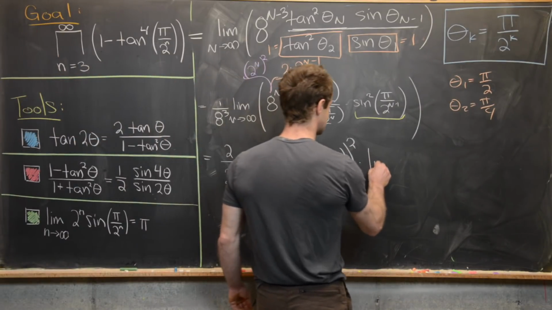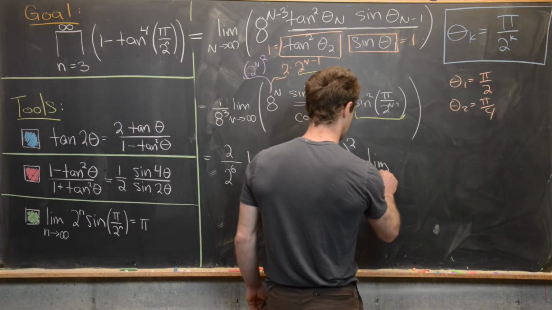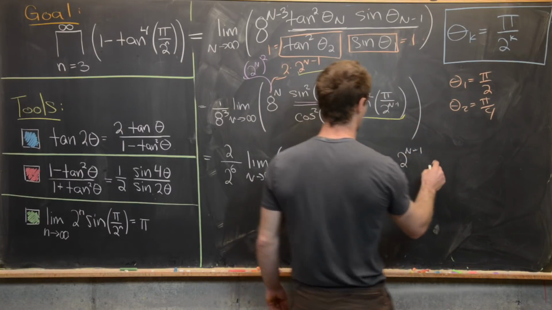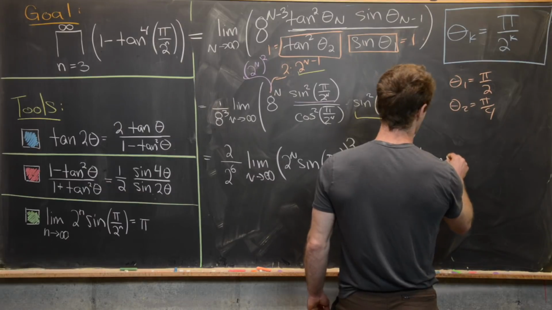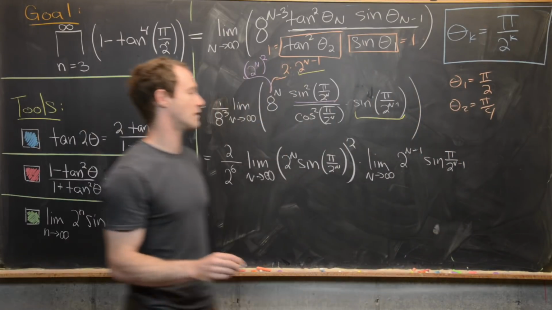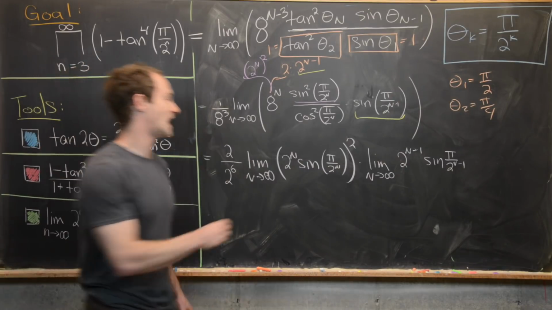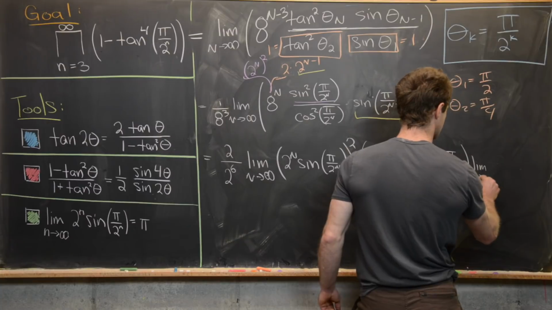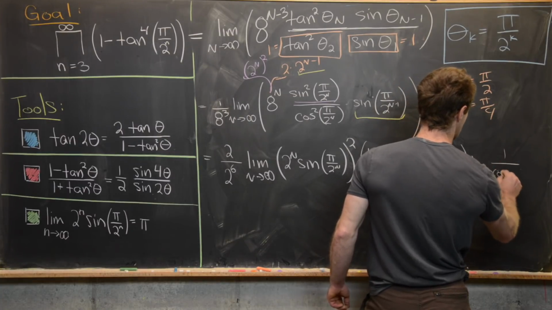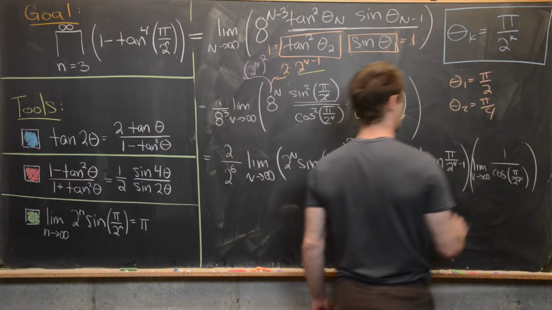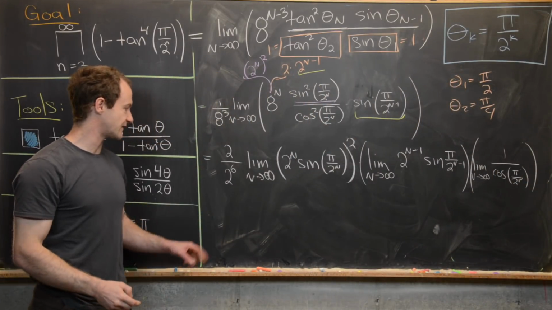And then the next thing is going to be, this is multiplied by the limit as n goes to infinity of 2 to the n minus 1 times sine of pi over 2 to the n minus 1. And that sine shouldn't have been squared. And then finally, I have the limit as capital N goes to infinity of 1 over cosine pi over 2 to the n. Great. So let's see what we get for each of those.